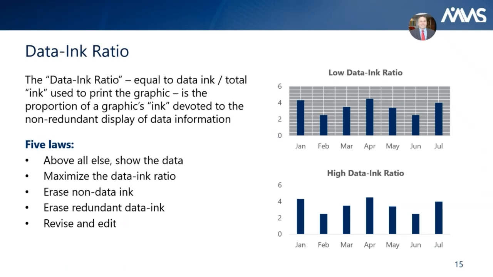And then if you have a lot of annotations on your graph that are non-meaningful, you may want to think about erasing or removing them, and revise and edit as we learn, right? Take feedback seriously from your users and the consumers of these data, and they are our audience and ultimately our customers.